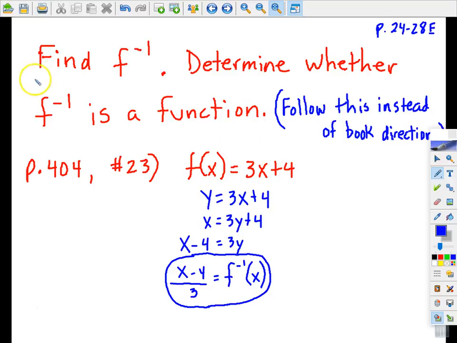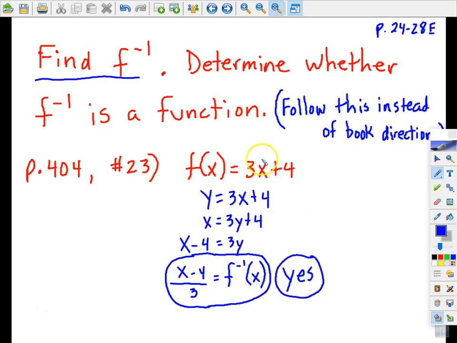Okay, so I've done this. I found the inverse, and now I'm going to determine whether the inverse is a function. Well, I showed you earlier, if you're starting off dealing with a linear function that has a non-zero slope, then the inverse of that will always be a function. So the answer is very simply yes.